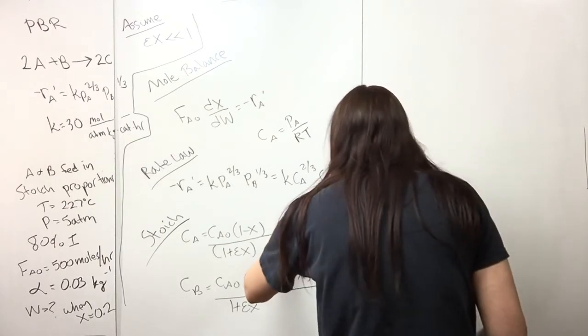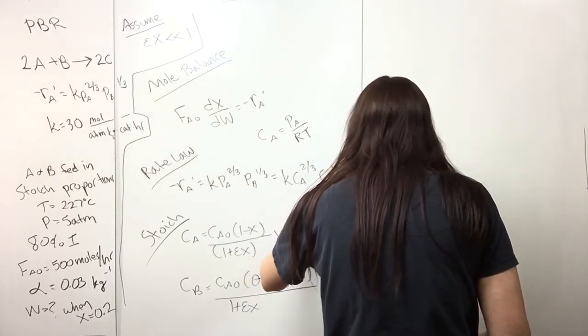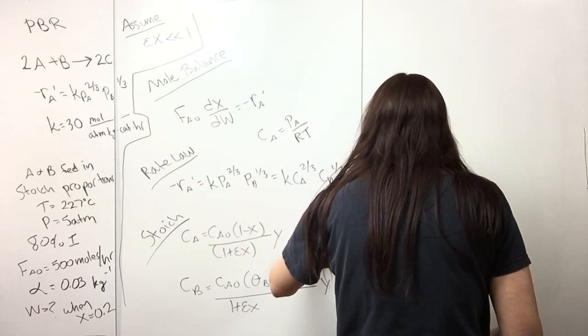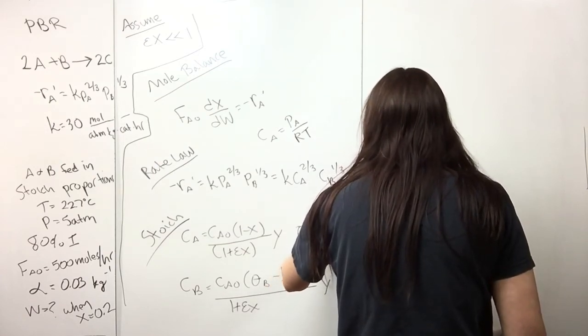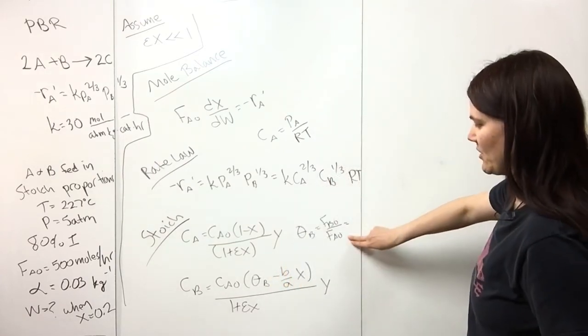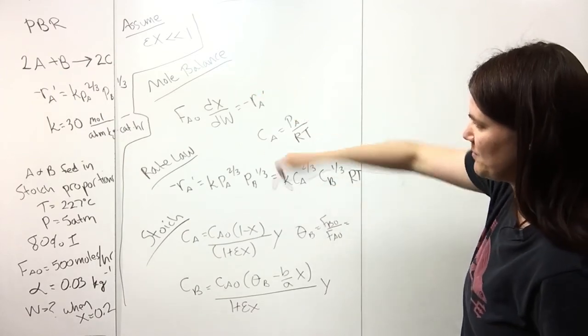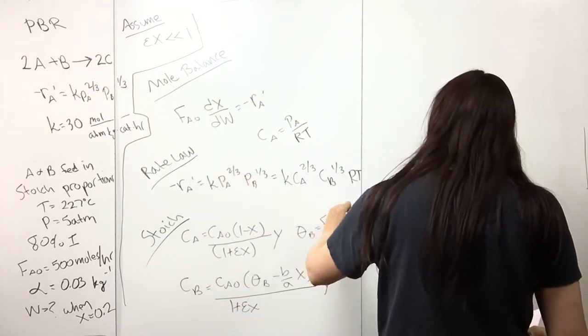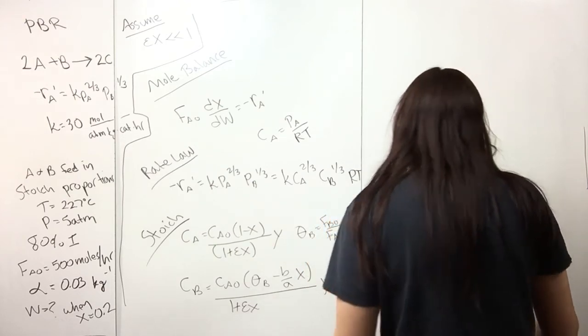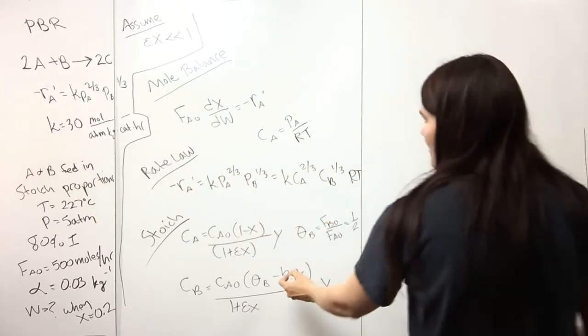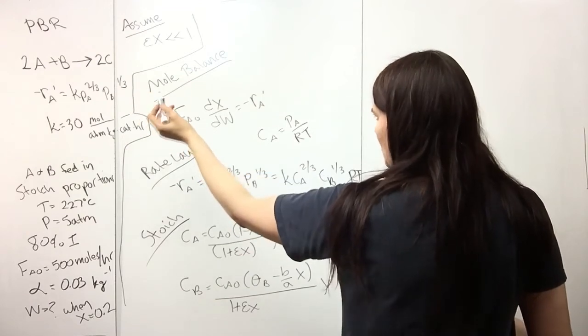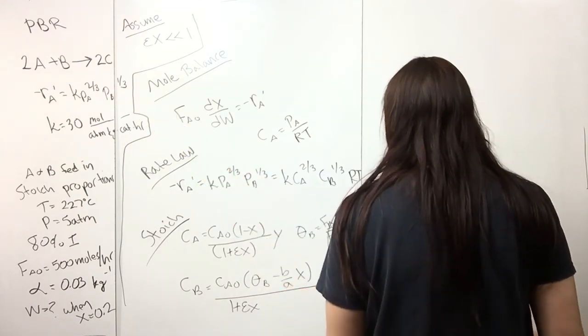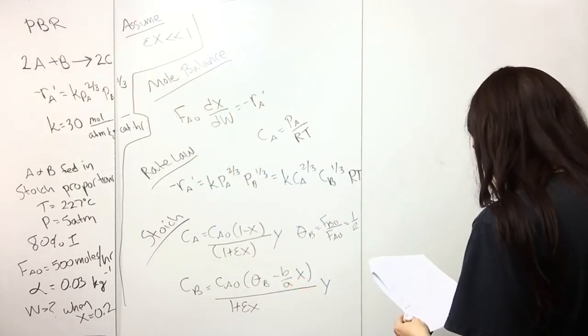And then theta B, if you remember, that's FB naught over FA naught. And it already told us these were fed in stoichiometric proportions, so we know that this would be 1 to 2, so that's equal to 1/2. And then this b over a, we have 1 over 2, so this b over a is also equal to 1/2.